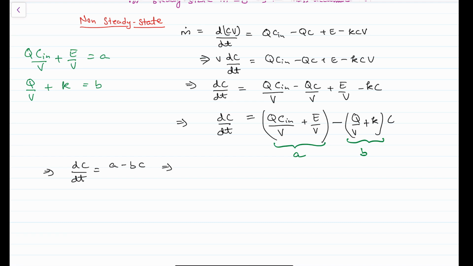And now this is a differential equation: dC over (A minus BC) is equal to dt, and we integrate the two.